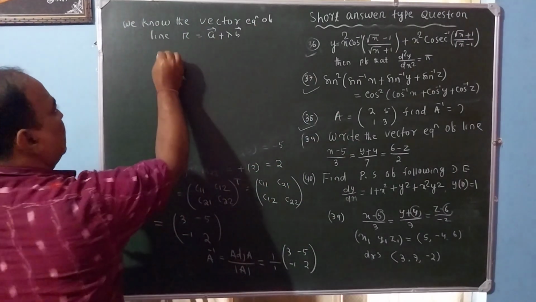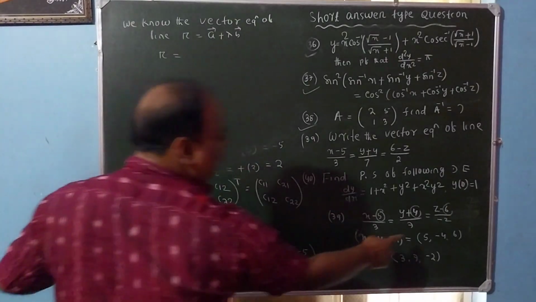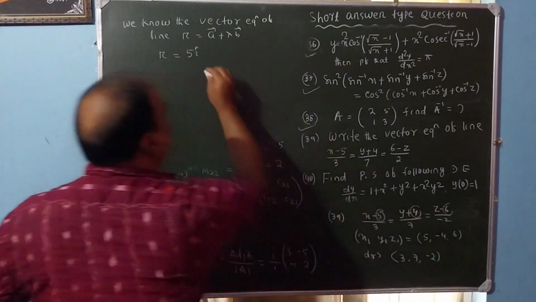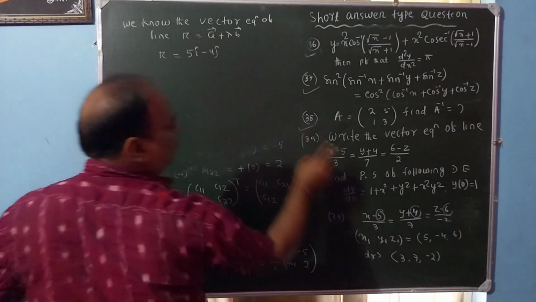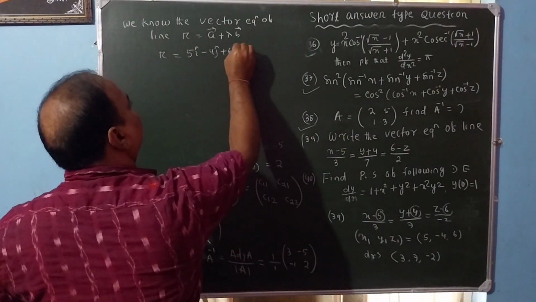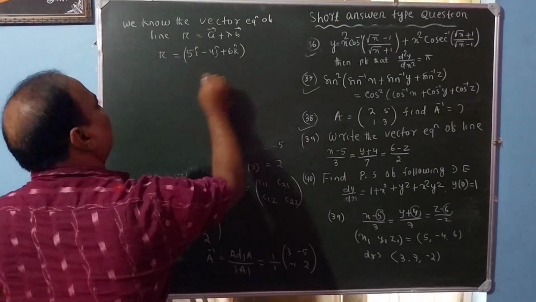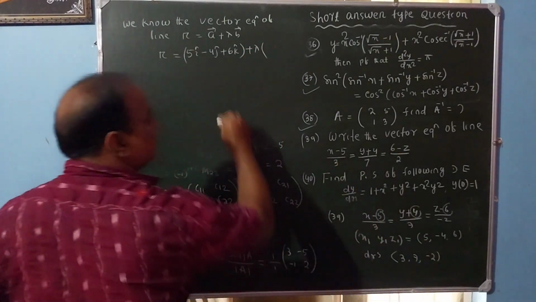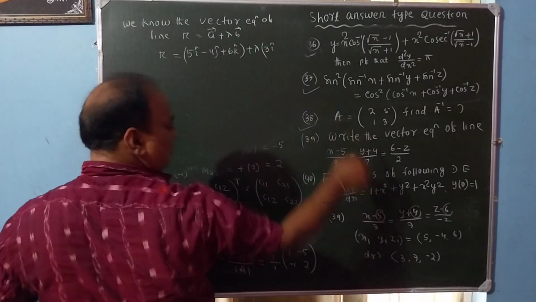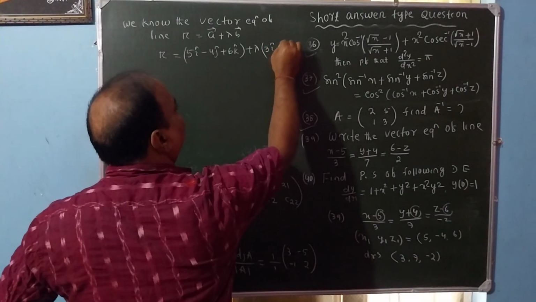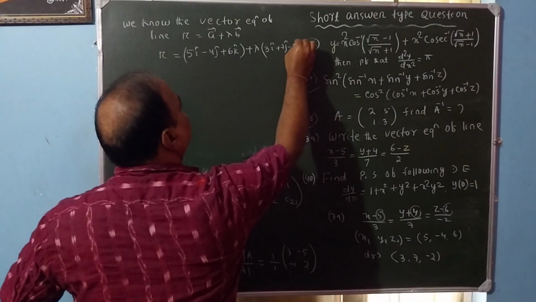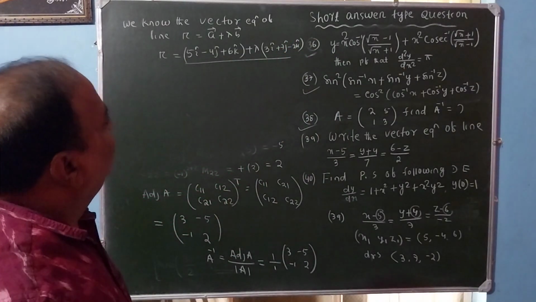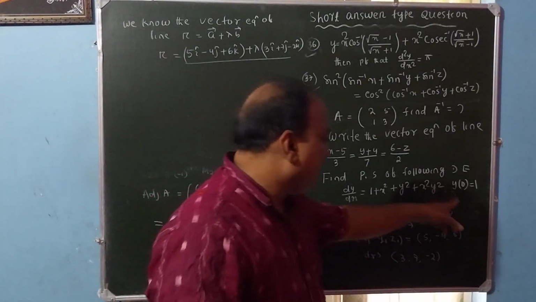Here a vector means this 5 i cap minus 4 j cap plus 6 k cap. It is a vector plus lambda b vector, where b vector means here direction ratio 3 i cap plus 7 j cap minus 2 k cap. So this is the vector equation of line from the symmetrical form.